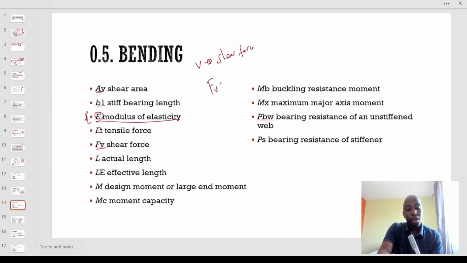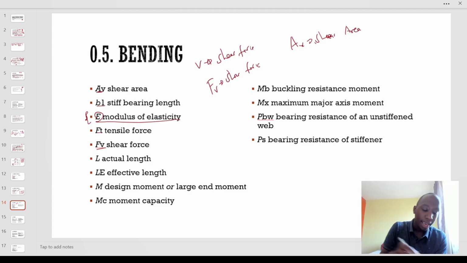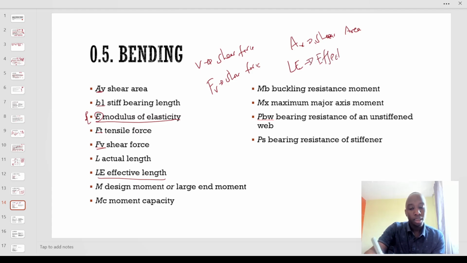So FV will be shear force. Okay, shear force. AV will be shear area. LE, very important, effective length. We will see effective length, and the rest are also very important.